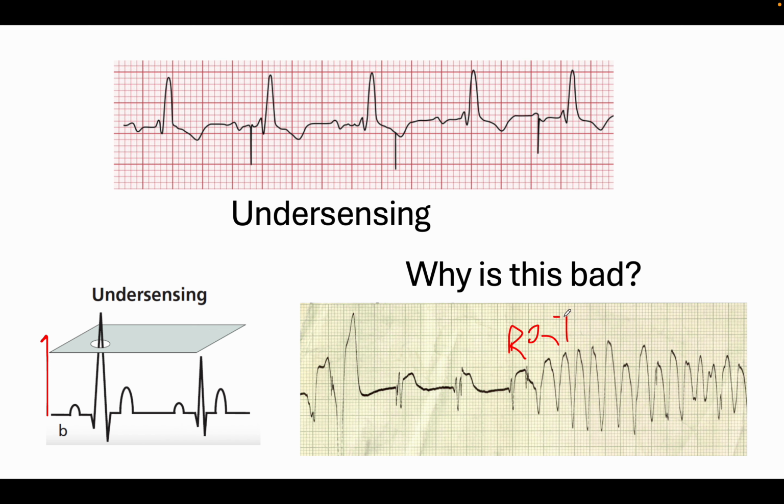It's when a pacing spike occurs on top of a T wave and it sends the heart into an erratic ventricular arrhythmia. If you don't know what polymorphic VT is, check out my ventricular arrhythmia video for more information. So this is why undersensing is really dangerous.